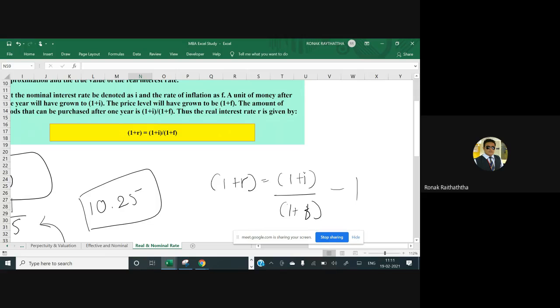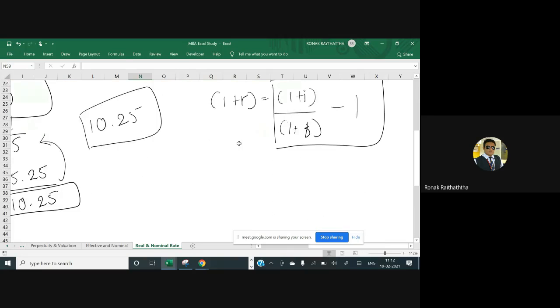So you will be following the formula 1 plus i divided by 1 plus f, minus 1. So say for example, if I give you the inflation rate is 8%. This is the inflation rate.